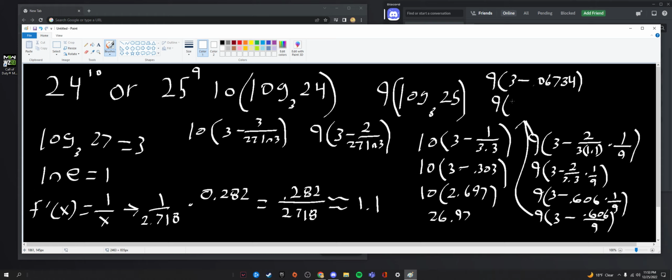We would have 9 times 2.93266, which if we multiply this out, this is pretty close to 3, so it's going to be a little less than 27.